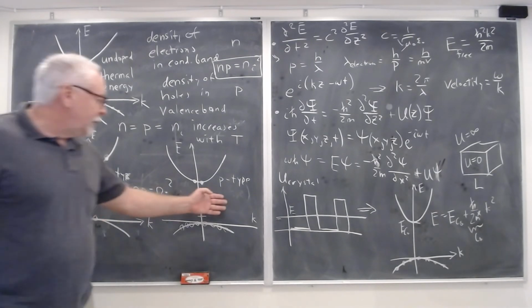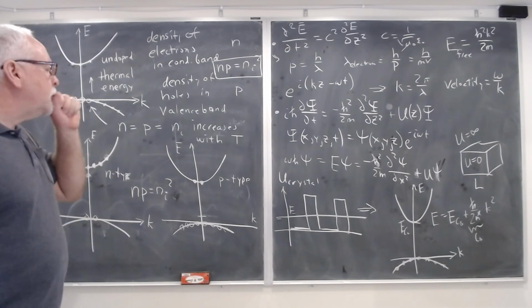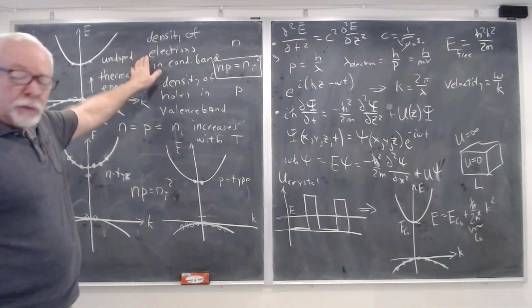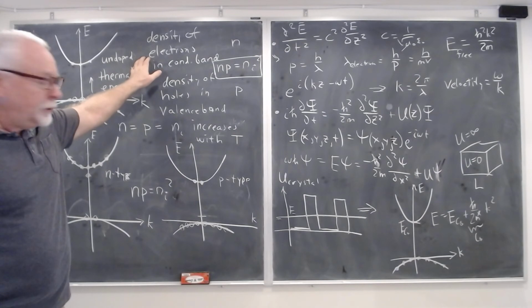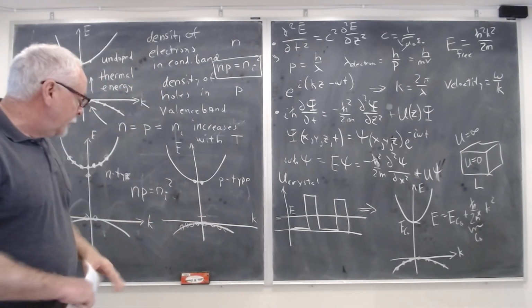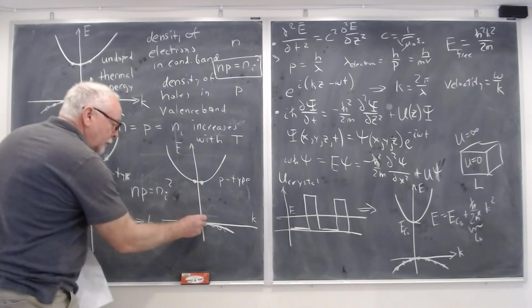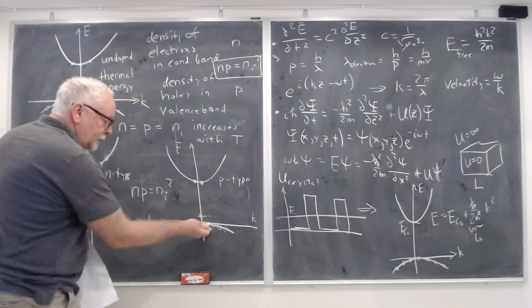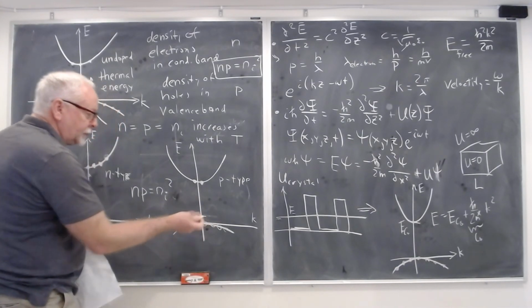Same thing for p-type. From the pure state, if I dope it with acceptors, those acceptors accept electrons from the valence band, making holes in it.